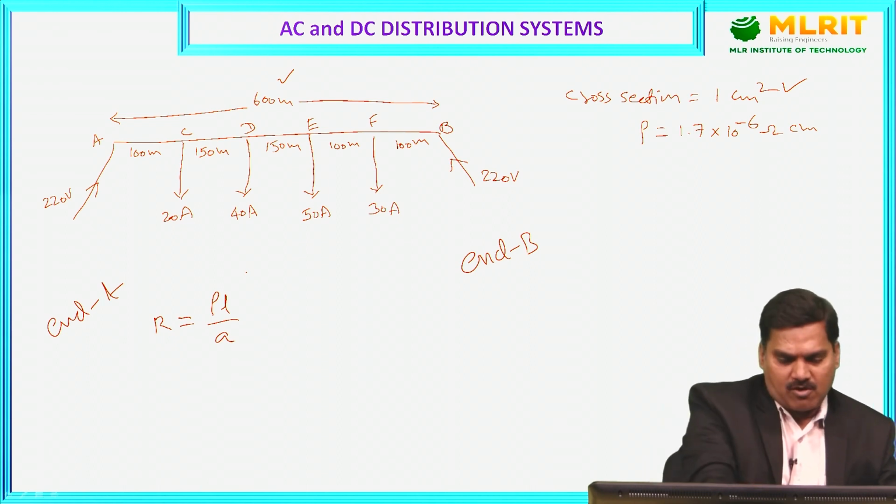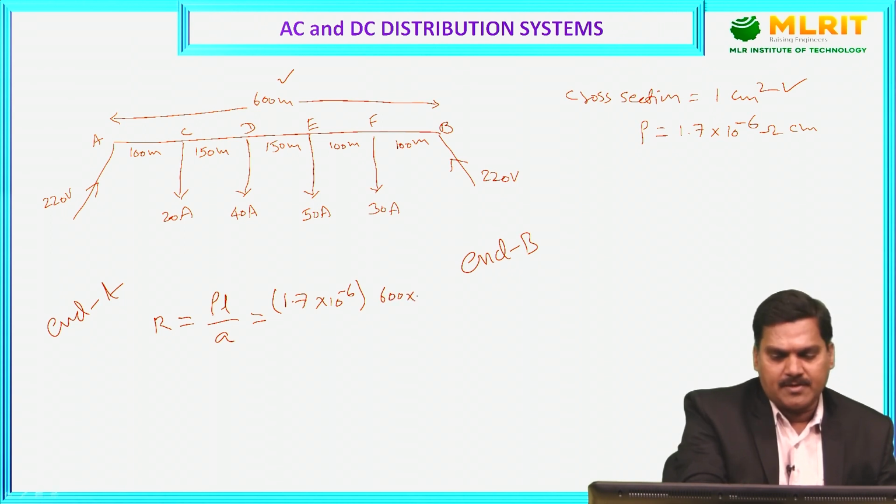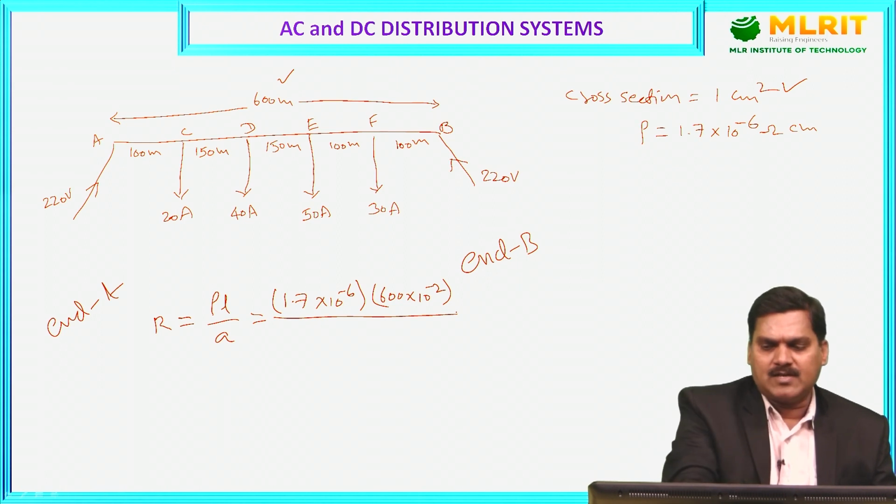If you substitute all these values, that is 1.7 into 10 to the power of minus 6, this is rho, and the length is 600 meters, which we convert to centimeters, this is 10 to the power of minus 2. We could also keep it in meters. And A is given as the cross section area of 1 centimeter square.